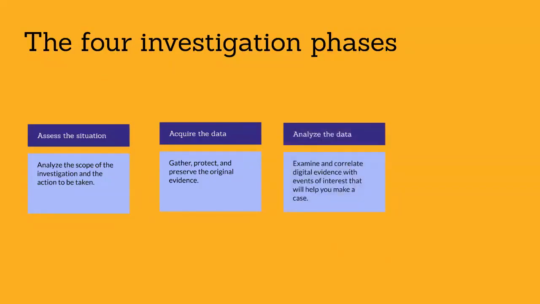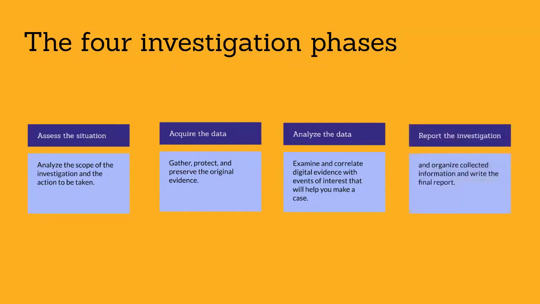The third phase is analyze the data: examine and correlate digital evidence with the events of interest that will help you make a case. And the fourth and last phase is report the investigation: gather and organize collected information and write the final report.